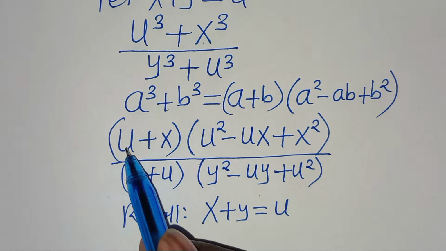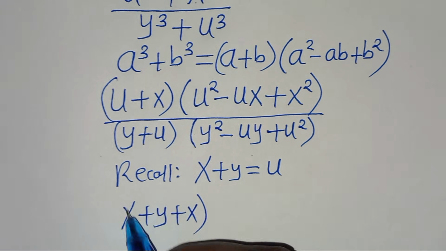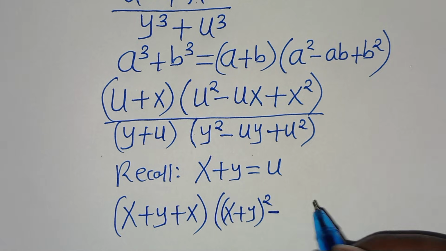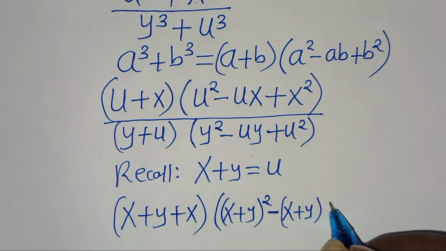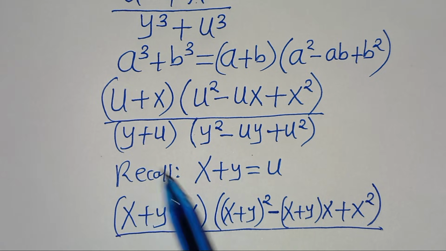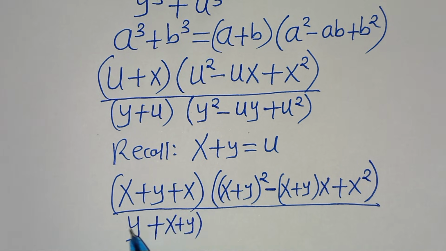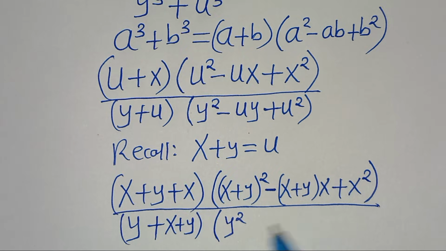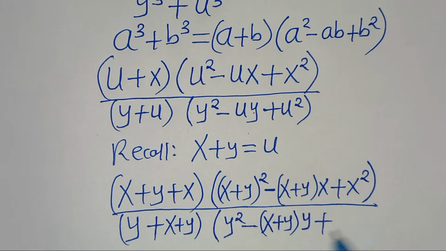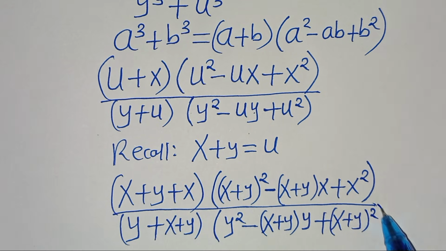So let's substitute x plus y where we have u, so that we have (x plus y plus x) times ((x plus y) squared minus (x plus y) times x plus x squared), divided by, in the denominator, y plus u, which is x plus y, times (y squared minus (x plus y) times y plus u squared, which will be (x plus y) squared).